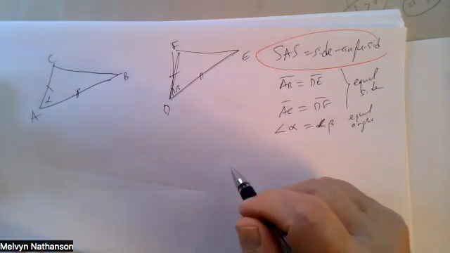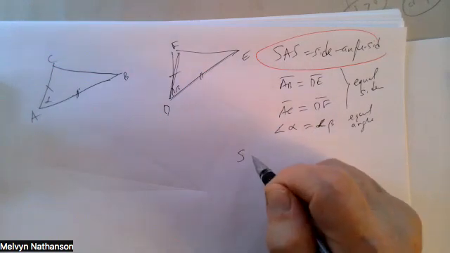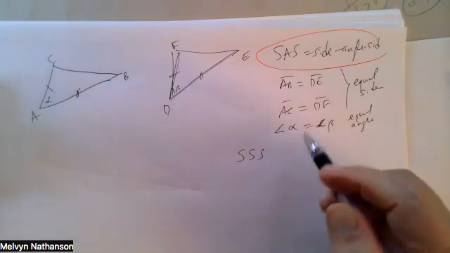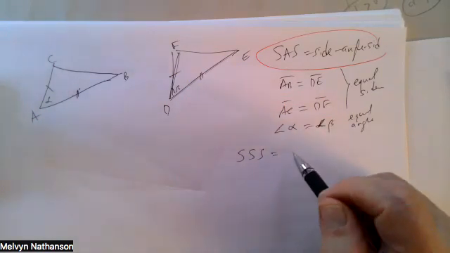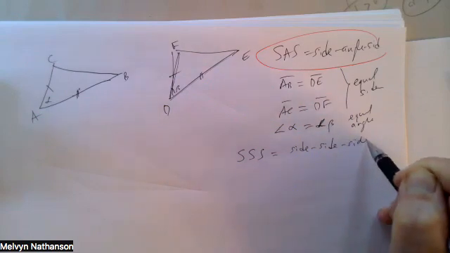There's a second theorem that says when triangles are congruent. It's called SSS, side, side, side.